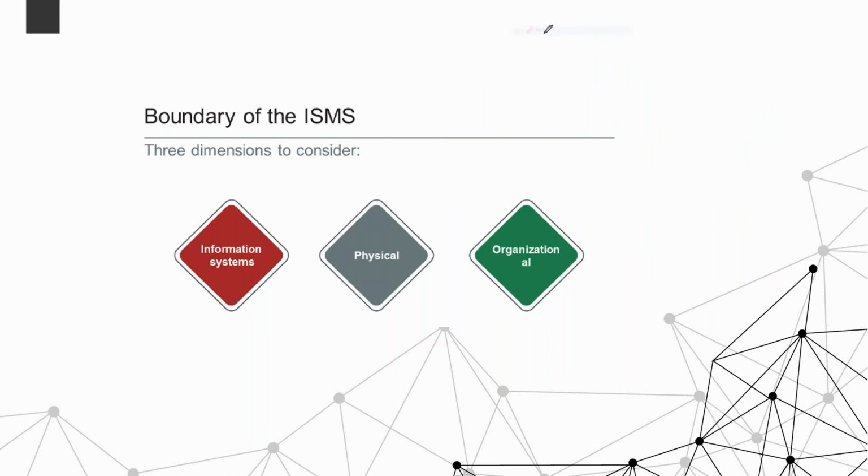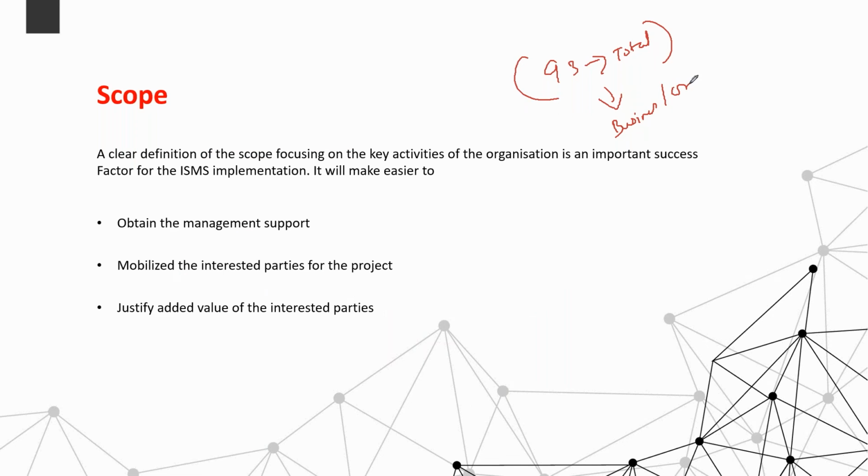Now, one more thing. When we are discussing the scope, there are 93 controls in total. It totally depends on the business or the organization.